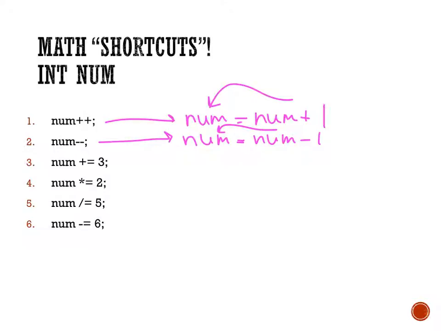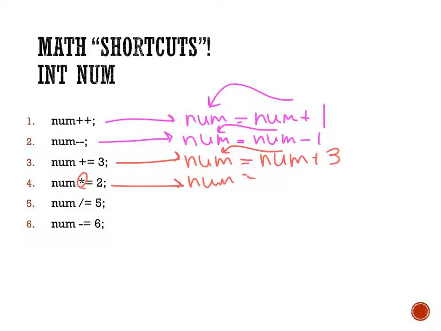Now these next operators do work just the same way that the plus plus was. It's just we're using a different number. We're adding 3 each time. We're multiplying by 2 each time. So this is really stating, okay, take my number, and I'm going to add 3 to my number, and then resave it inside of my variable. Same thing here. Take my number. I can see the operation right here. Going to take my current number. I'm going to multiply it by 2.